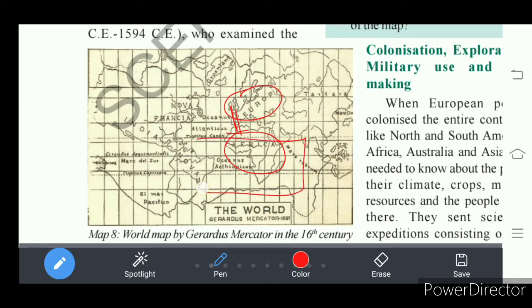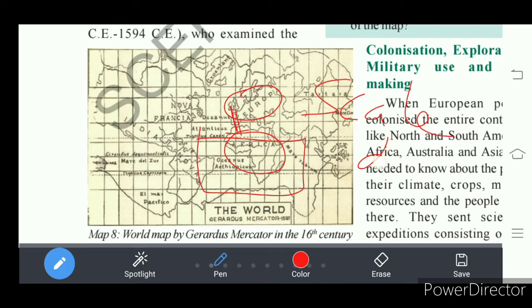This is Africa. So is Africa really in this small shape? No. That means we reduced the shape and size of the continents by following a method that we call the scale down method.